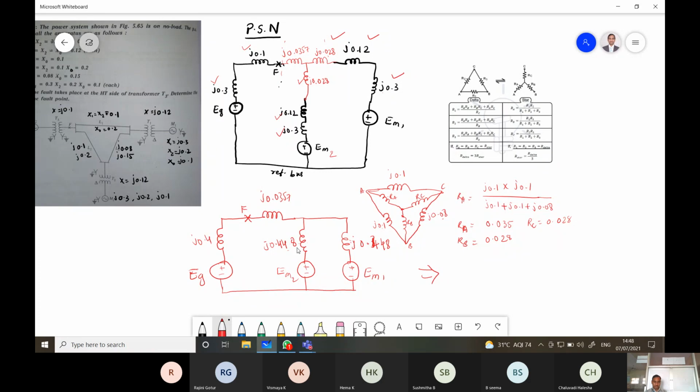So these two are in parallel. So what is the answer? 0.448 multiplied by 0.448 divided by 0.448 plus 0.448. 0.224 you will get, right?